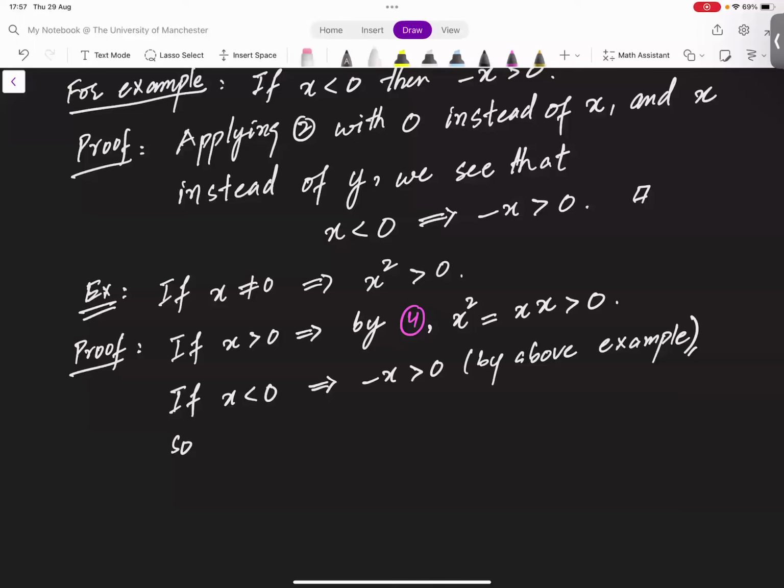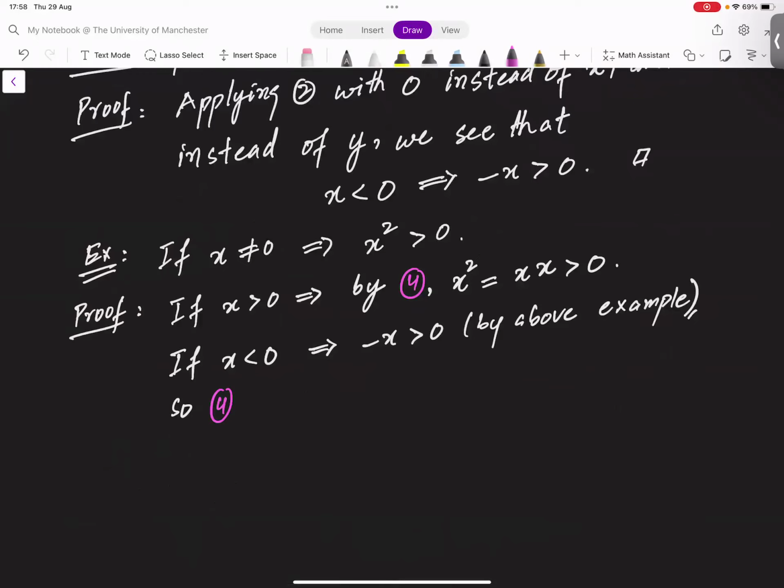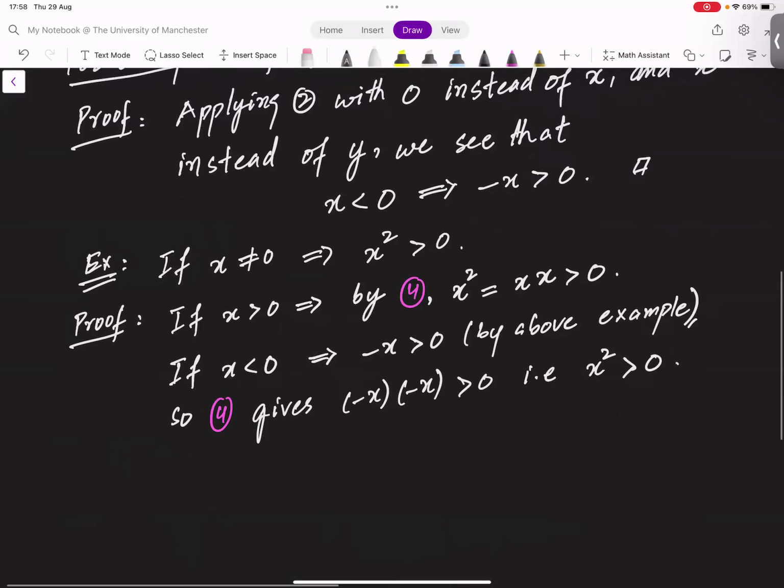Rule 4 says if x is greater than 0 and y is greater than 0, then the product is greater than 0. So rule 4 gives minus x into minus x greater than 0, that is, x square greater than 0. Perfect.